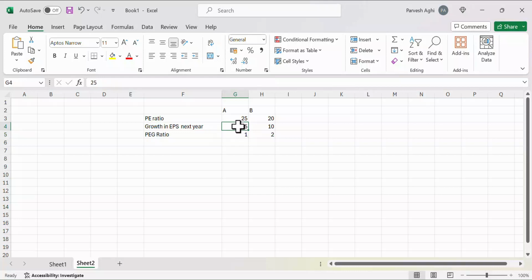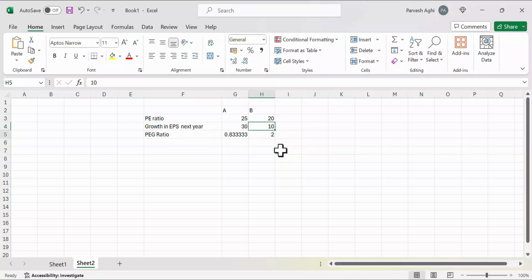But here when I say for example 30, that means it is trading at a discount to its growth. ग्रोथ हो रही है 30%, P ratio 25 है, so PEG ratio falls below 1. Any PEG ratio below 1 would mean the company is cheaper.